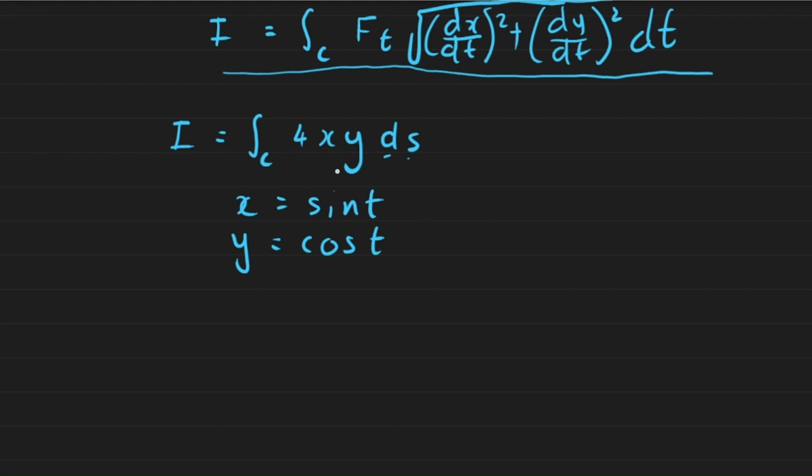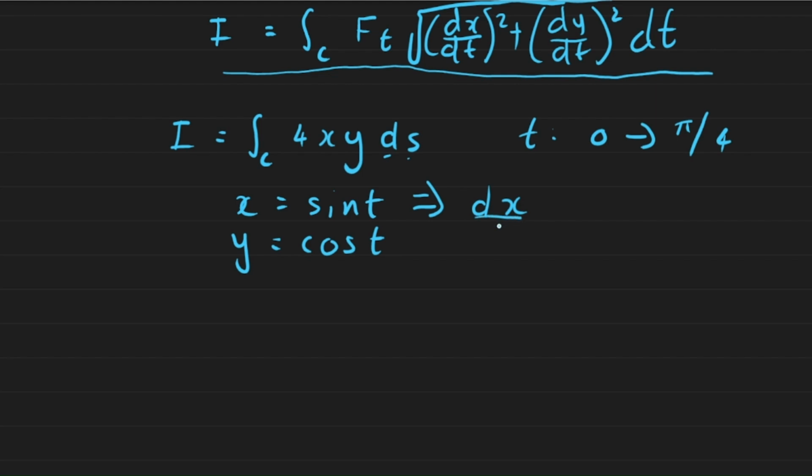Perhaps we should also mention that this curve requires t to go from 0 to pi over 4. So this is our integration boundaries. We would need to find dx dt.